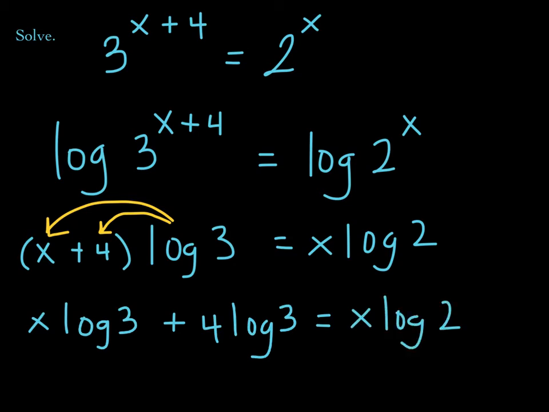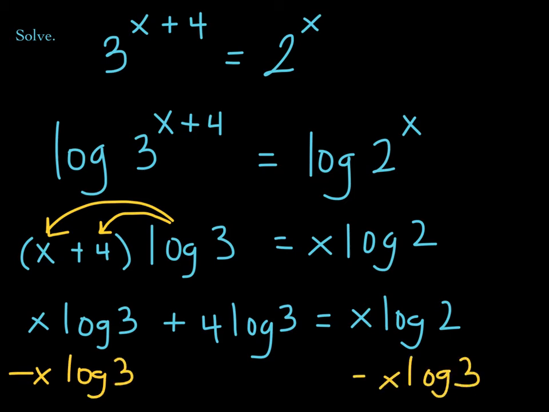Now let's remind ourselves what it is we're doing. We're solving for x. The way you solve for x here is by isolating x, that is to say, getting all of your x terms on one side of the equation. So I suggest you subtract x log 3 from both sides so that both of your x terms will be over here on the right. So I will subtract x log 3 from both sides.